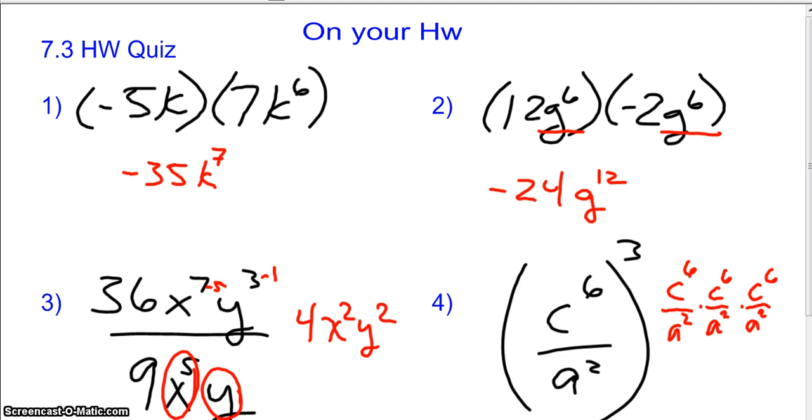So how many c's are in the numerator? 6 plus 6 more. 18. So c to the 18th over a to the 6th. Good job. So we really see when we have the power of powers, we multiply, right? 6 times 3 is 18. 2 times 3 is 6.